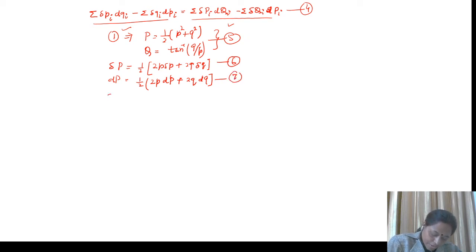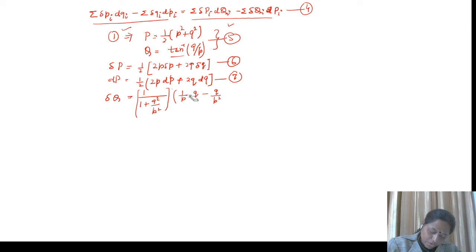Now find delta capital Q. Delta capital Q is, because it is in tan inverse, 1 upon 1 plus q square upon p square, and then 1 upon p delta q minus q upon p square delta p.